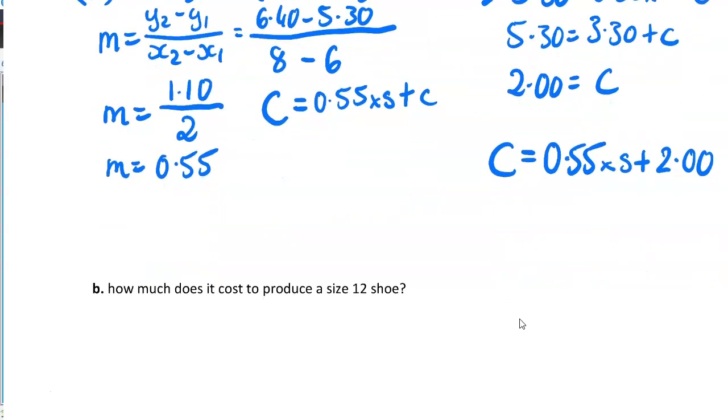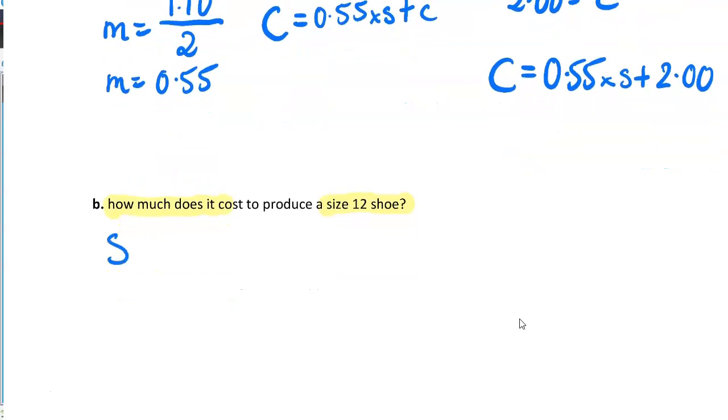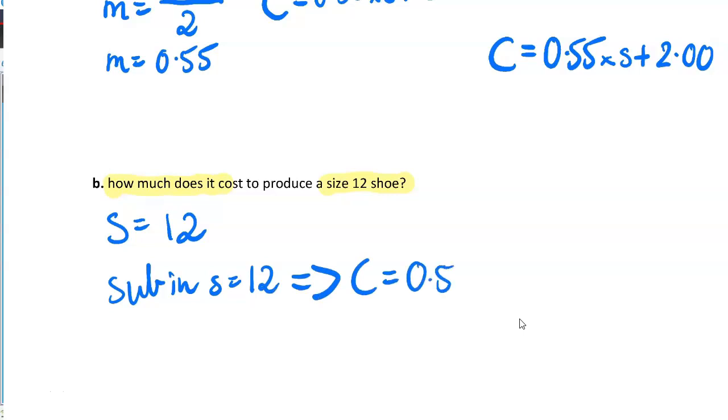So, next question. How much does it cost to produce a size 12 shoe? Okay, so here we get told that S equals 12. So I've got to sub that in. So sub in S equals 12. So C equals 0.55 times by 12. By the way, just a side note, I'm writing times by S here because my S's look a bit like 5s, so I'm just trying to make it a bit clear for everyone.